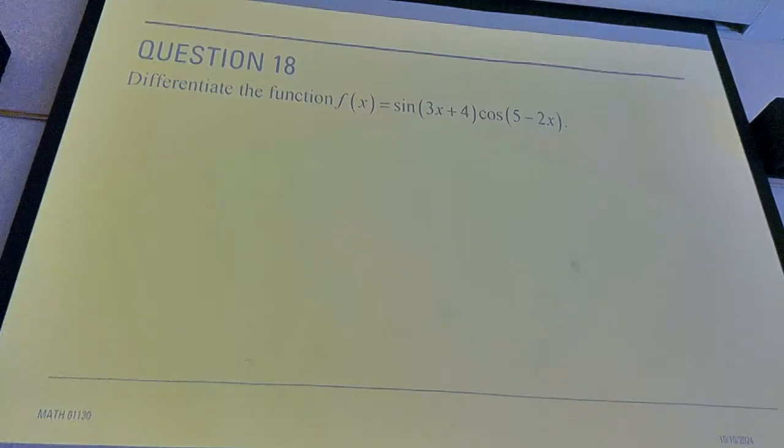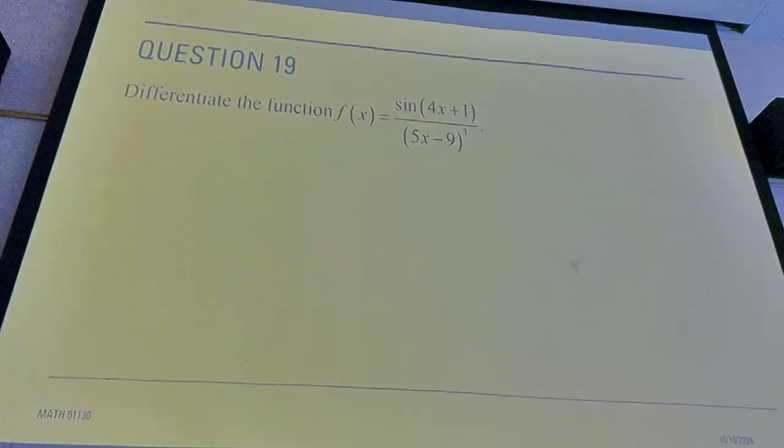Right, so this is kind of the same idea. You can use either product rule or sum to product, or product to sum. So I'm going to skip that one because it's boring. We've done something like it already.